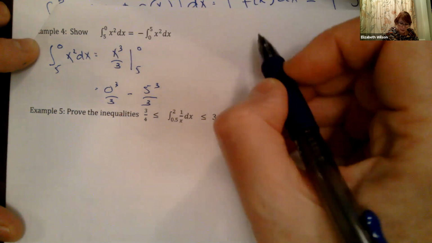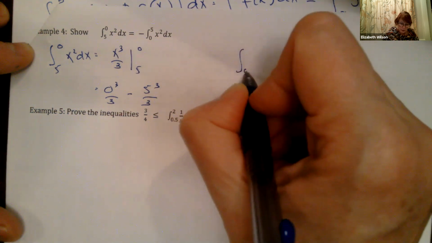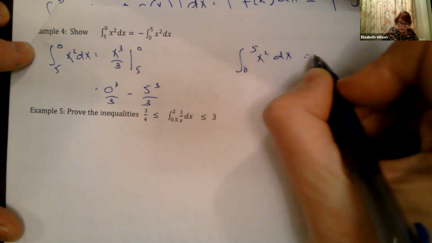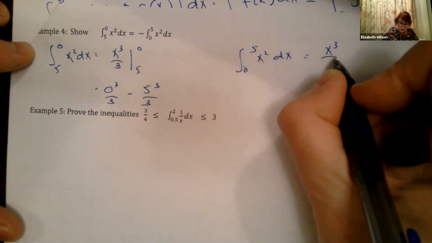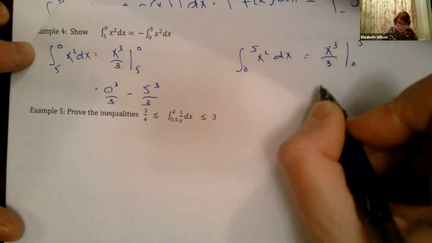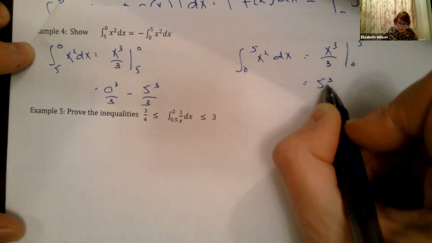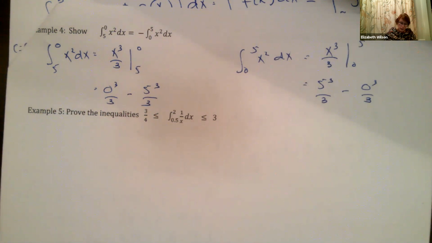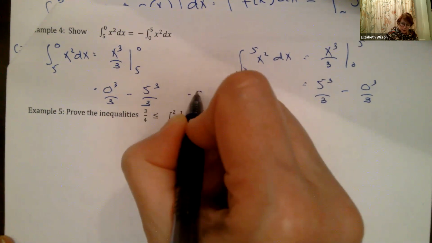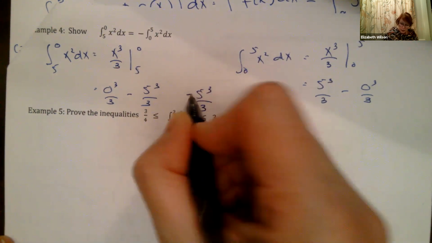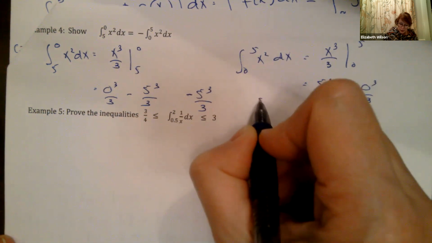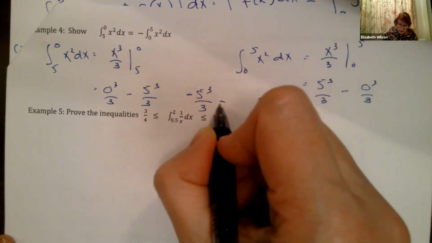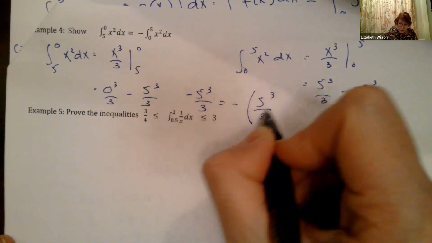Okay, let's do the other one. I'm going to go from 0 to 5, x squared dx. That's going to equal x cubed over 3 evaluated from 0 to 5. That's equal to 5 cubed over 3 minus 0 cubed over 3. So I've got minus 5 cubed over 3 and 5 cubed over 3, so that's equal to a minus times that.